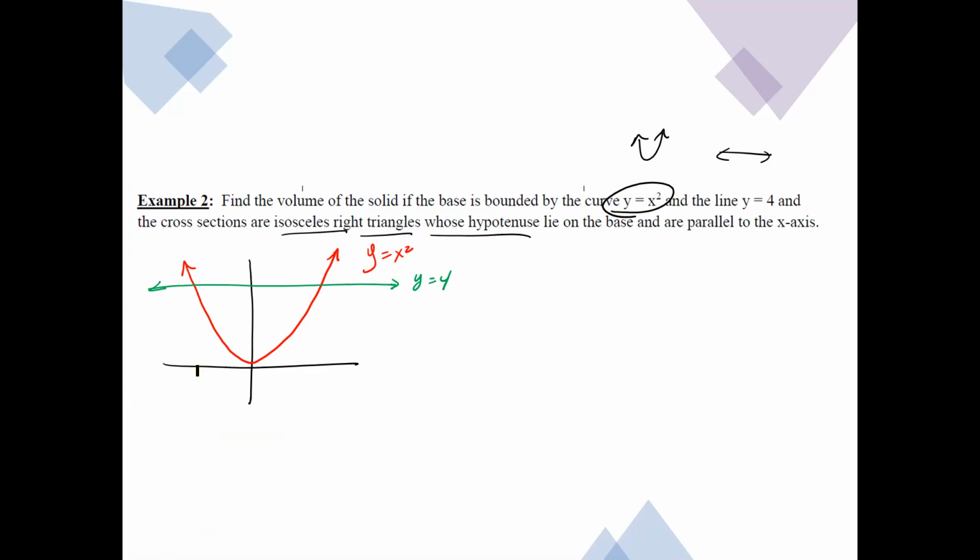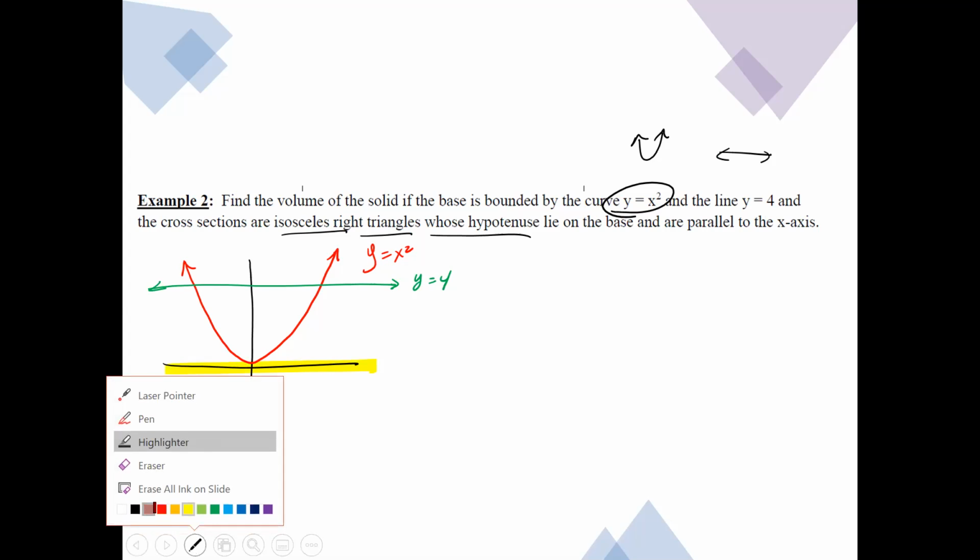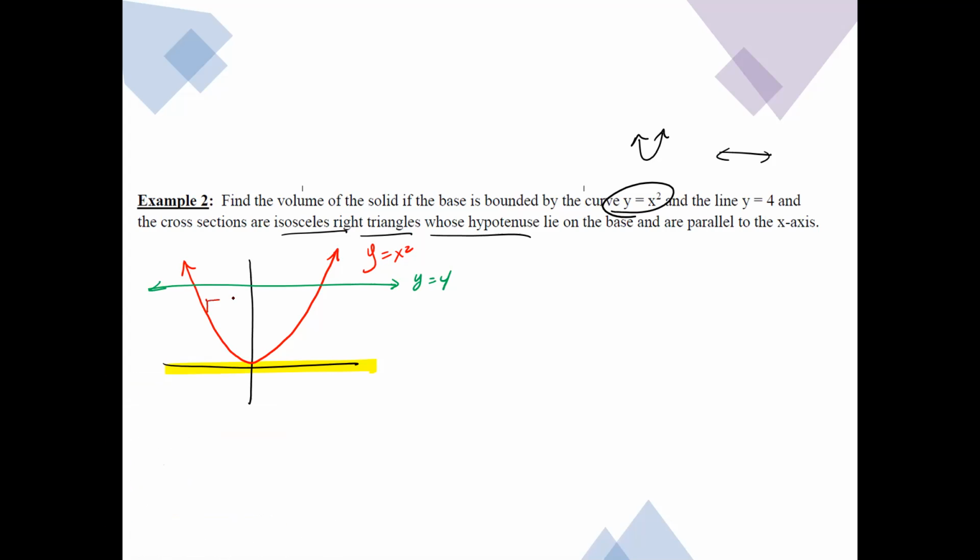So here is the x-axis right here, and so your shape is going to be a horizontal shape like this, parallel to the x-axis. In this situation, you are going to visualize this rotating. Ask yourself specifically, which direction is it going to be rotating? And are you going to be solving for y or x?